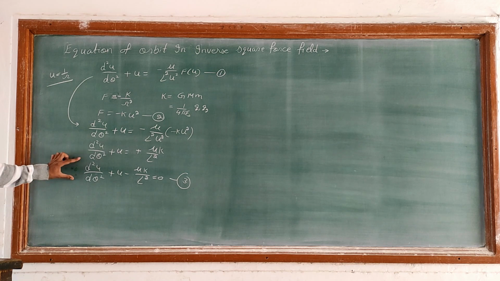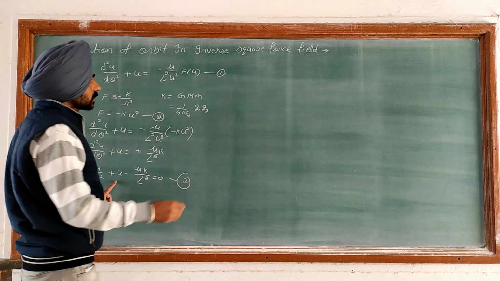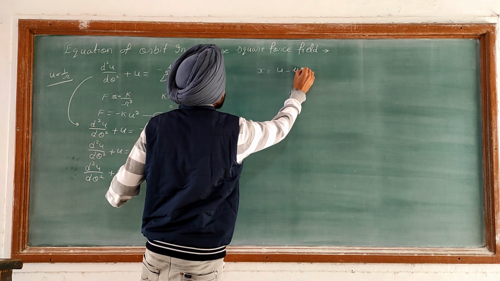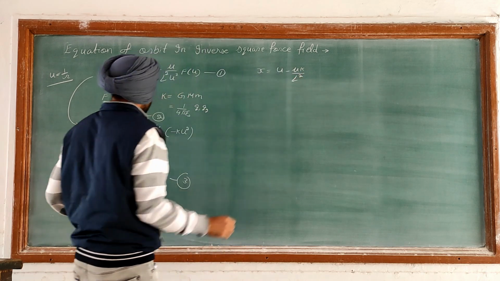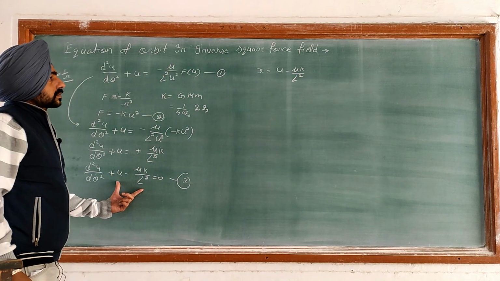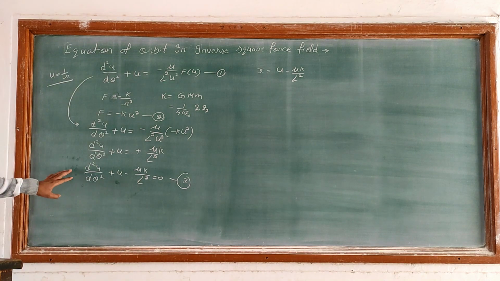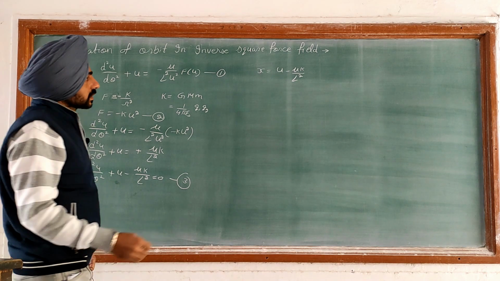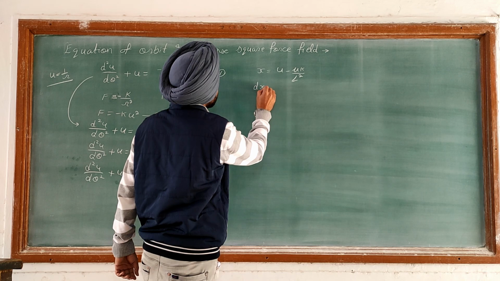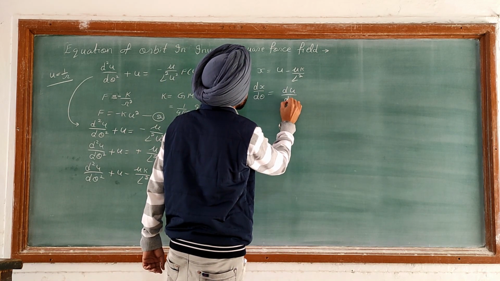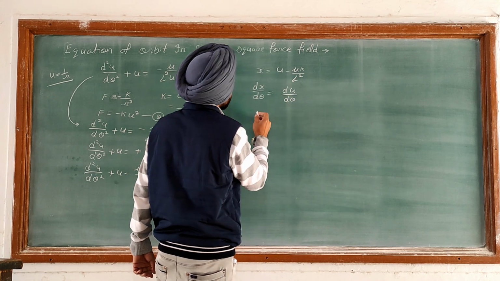To solve or simplify this equation, we consider x equal to u minus mu k upon L square. So we substitute this value as x. We also get the derivative of that expression, dx upon d theta, which is du upon d theta, because u is a function of theta and the other term is not a function of theta.